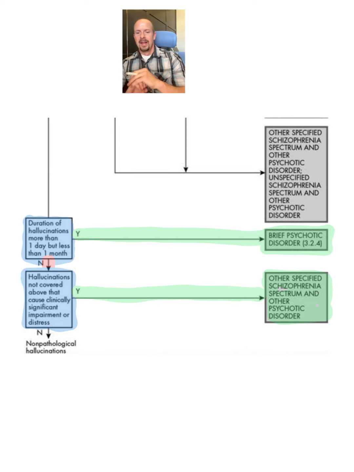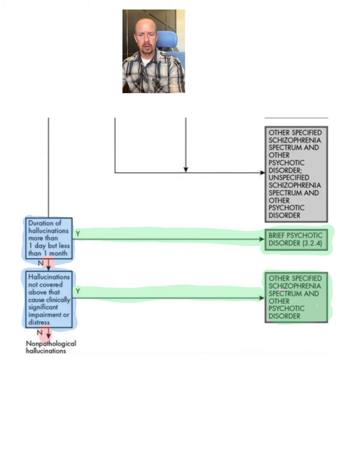So this is what they call almost a wastebasket diagnosis, where they're having hallucinations, but you cannot pin it down, that it's not covered by any of the other diagnoses that you've seen. Then it's another specified schizophrenia spectrum disorder. That would pretty much mean that you really are lost at where to even go.